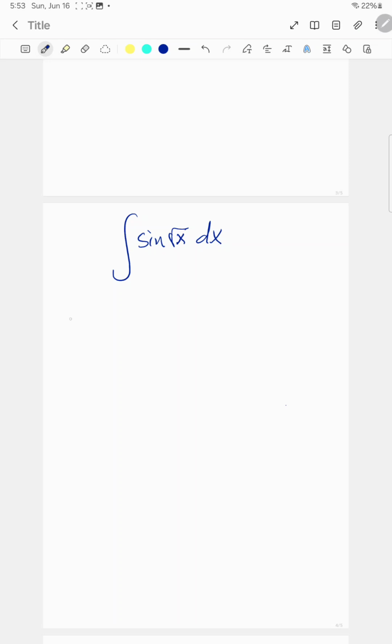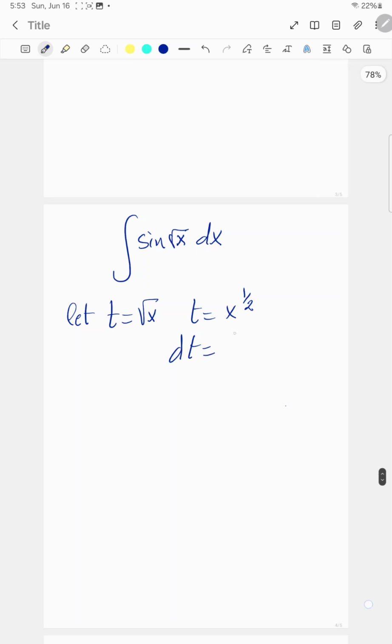Here I can say let t equal square root of x. So t is equal to x to the power 1/2, and my dt becomes 1/2 x to the power minus 1/2.